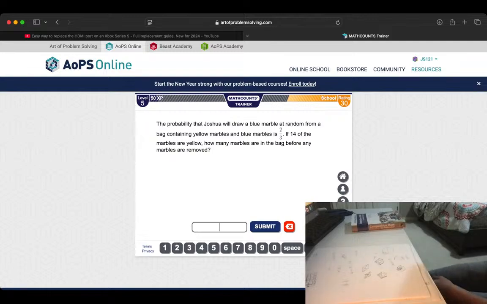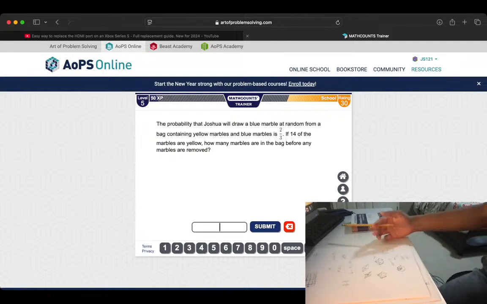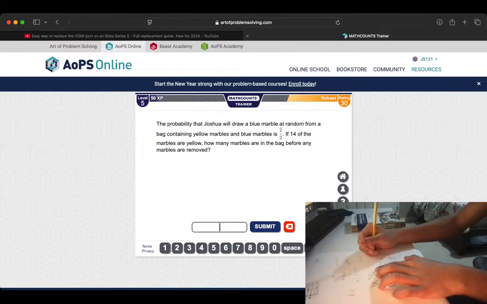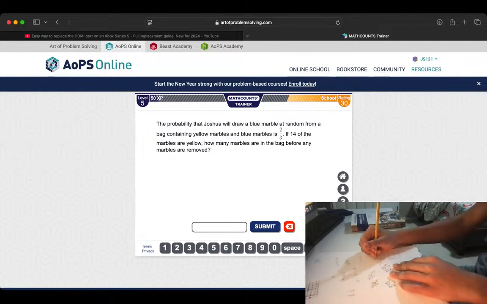Joshua will draw a blue marble at random from a bag containing yellow marbles and blue marbles. The ratio is 2 to 3. 14. This is so easy. So we have 14 of the marbles are yellow.